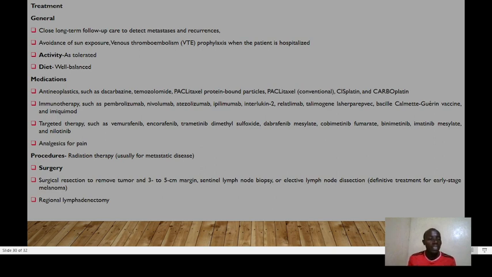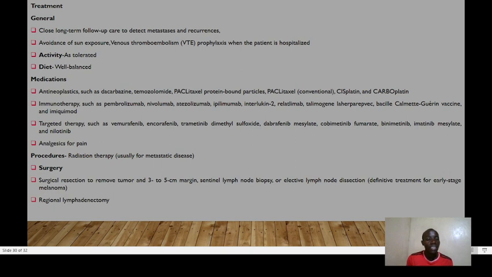In terms of treatment, we could do close follow-up care to determine metastasis and recurrence. We avoid sun exposure and do venous thromboembolism prophylaxis when the patient is hospitalized. Activity could be as tolerated, and the diet needs to be well balanced. We can use antineoplastics such as dacarbazine, cisplatin, carboplatin, and paclitaxel.